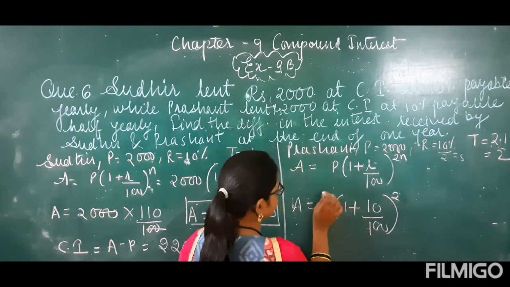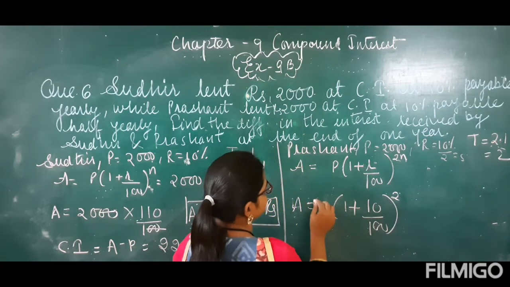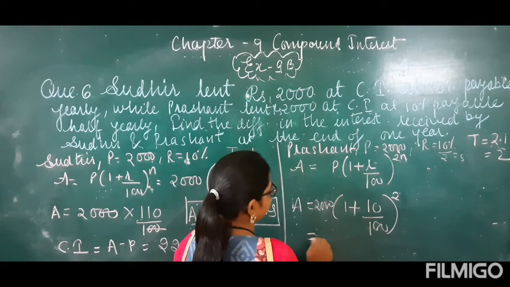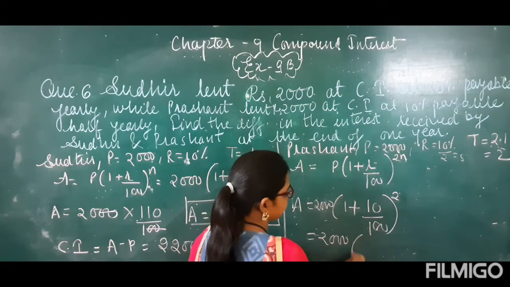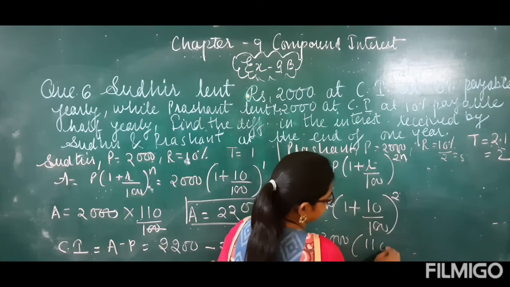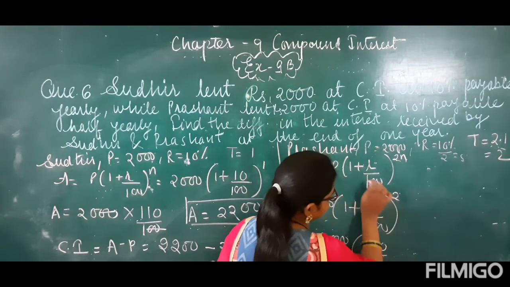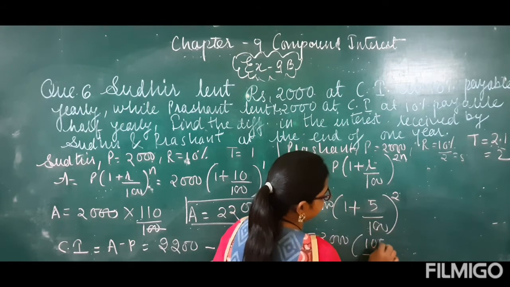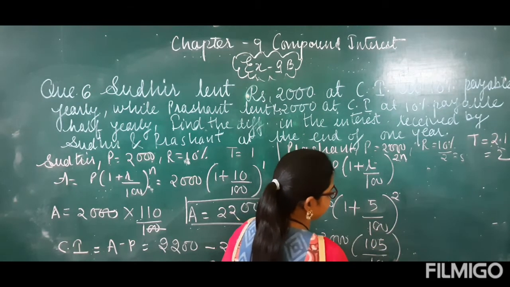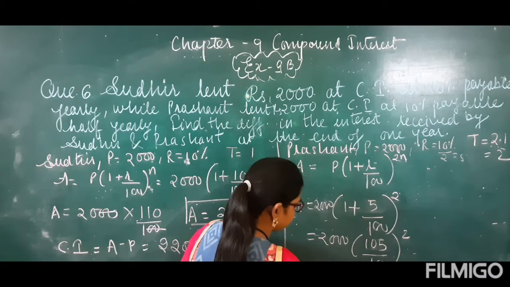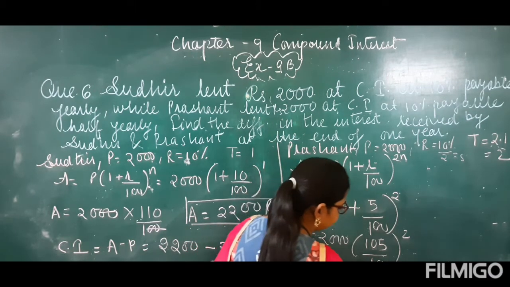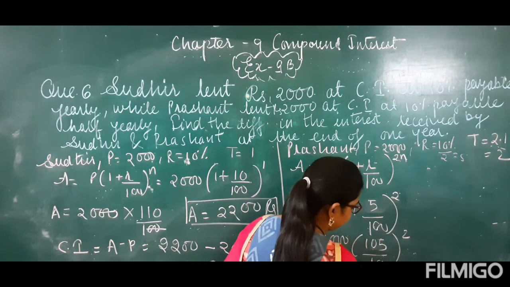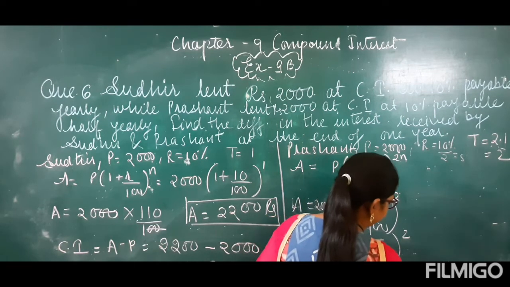So from here you will get 2000 rupees, 5 not 10, so 105 upon 100 to the power 2. From here 2000 into 105 upon 100 into 105 upon 100.